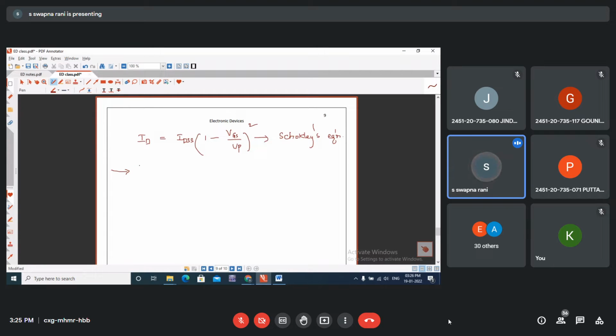There are questions coming in the semester end exam asking to derive the expression for GM. This is nothing but the transconductance.